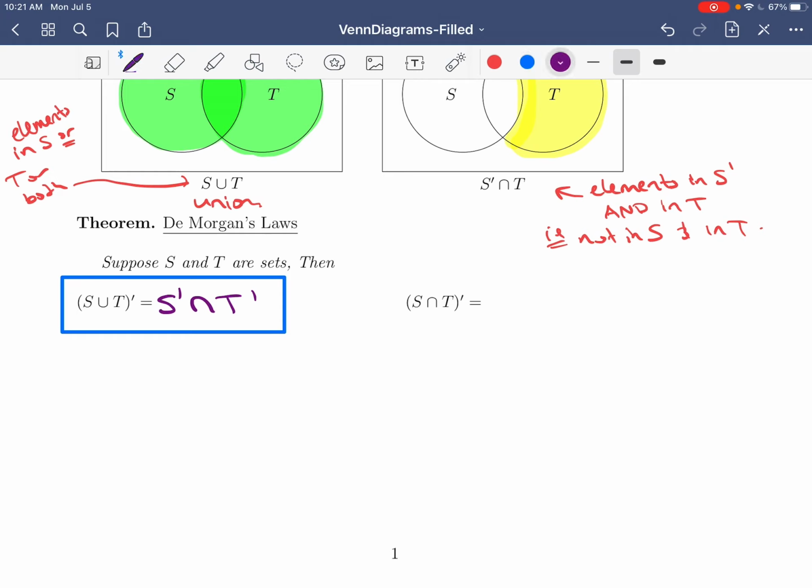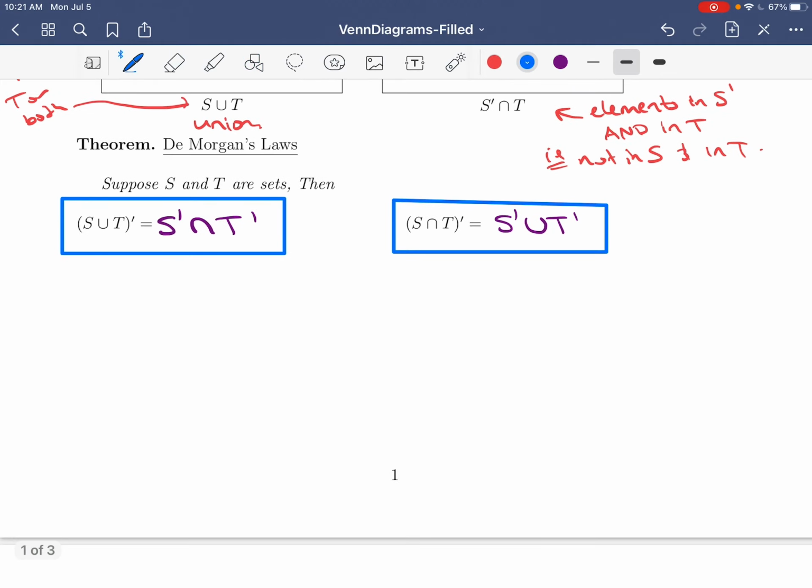Similarly, S intersect T all complement is S complement union T complement. So these are what they call De Morgan's laws. Now let's just show one of them. I'm going to call it a proof in quotations, because it's not really a proof, because I'm just going to use a picture.